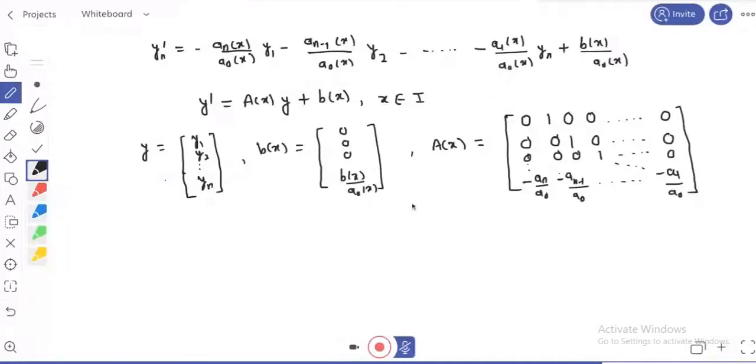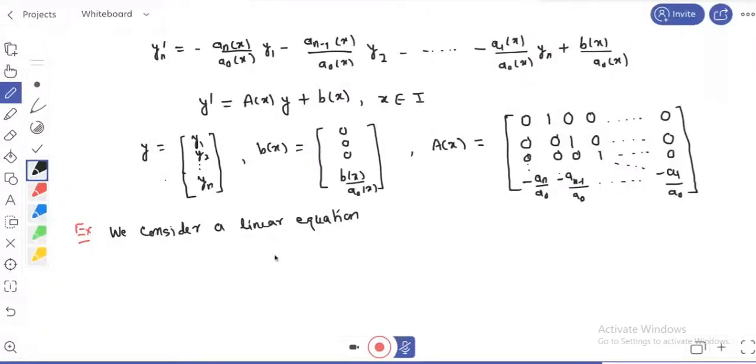So if we take a simple example and try to find this relation in that problem, we consider a linear equation.